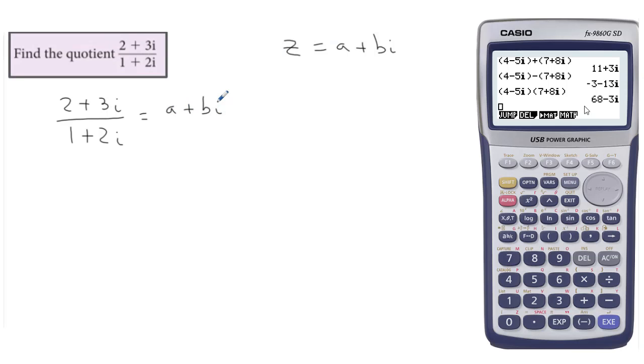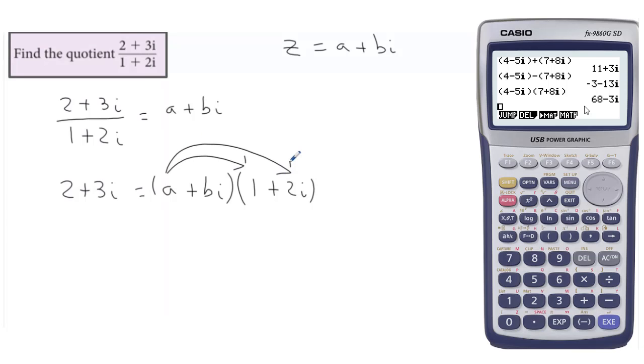We're now going to multiply, compare the left-hand side with the right-hand side, and then we'll be able to find the values of a and b. So that should mean that 2 plus 3i equals a plus bi multiplied by 1 plus 2i. If we just do the multiplication, remember it's a simple FOIL.